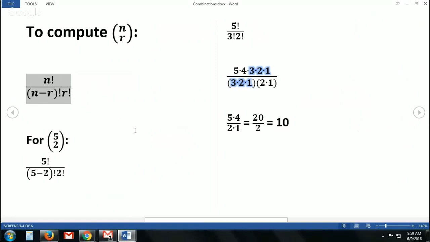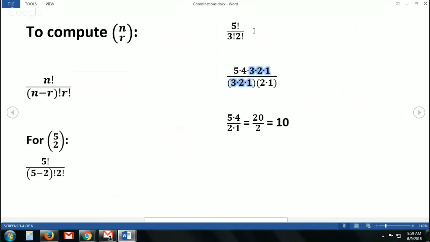So now if we were going to compute 5 choose 2, our N is 5, our R is 2. Substituting the things in where they go, 5 goes in the place of N, and we have on top 5 factorial. 2 goes in for R, so on the bottom we have 5 minus 2 factorial, and then another 2 factorial.